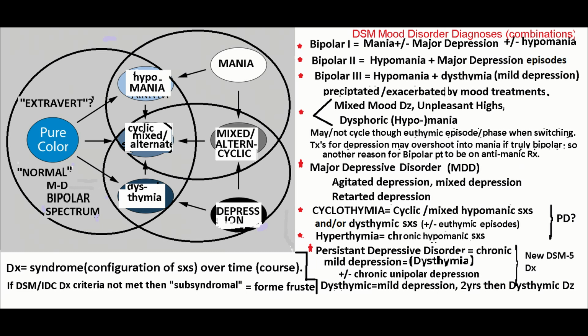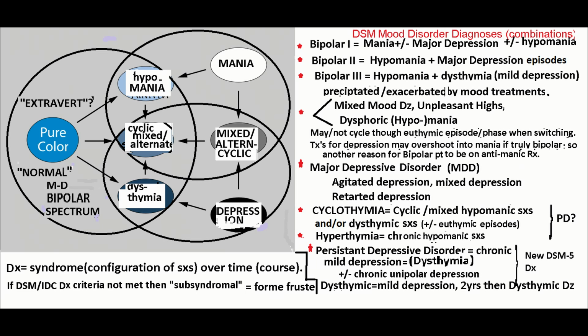A new diagnosis is persistent depressive disorder, and this is new in DSM-5, which is the Diagnostic and Statistical Manual of the American Psychiatric Association. And this has replaced dysthymia, which was mild depression.